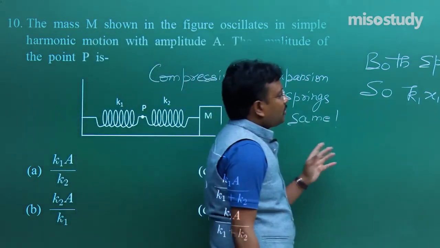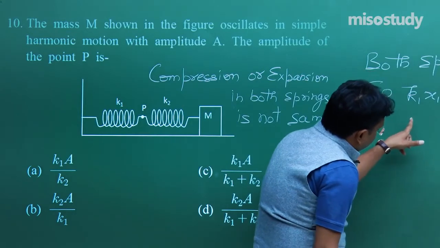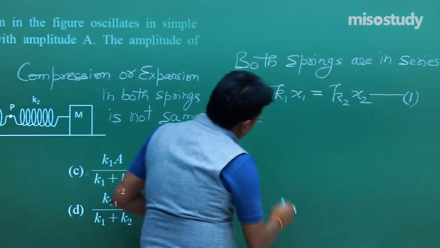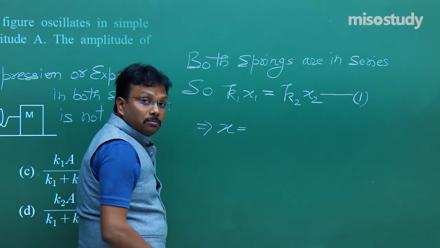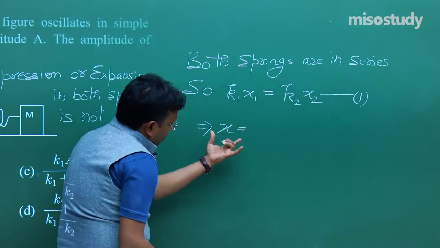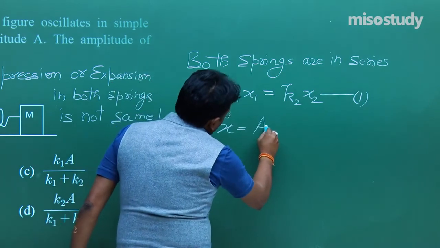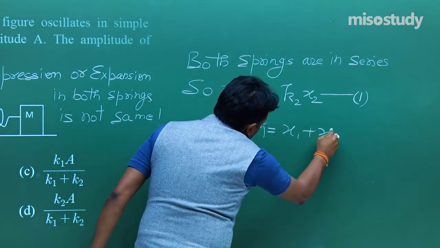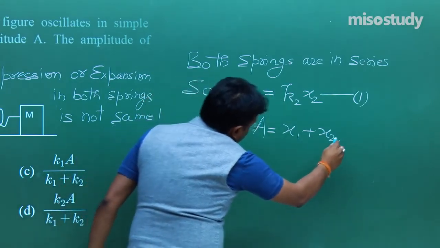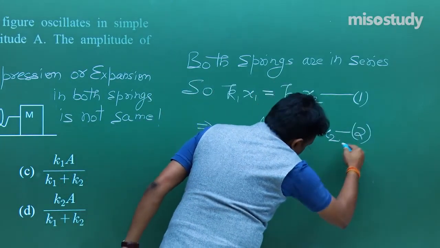The reason is clear. That's why I mentioned this formula. It means x is equal to net x. X is equal to A, which is nothing but x1 plus x2, equation number 2, fine.